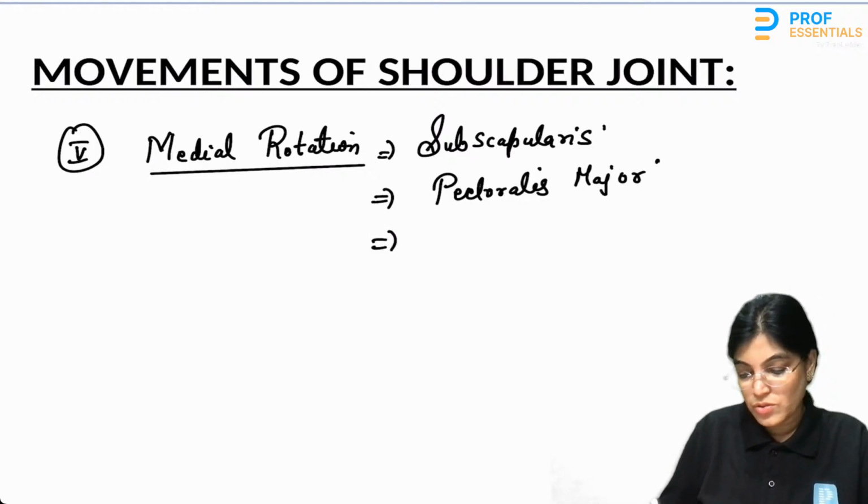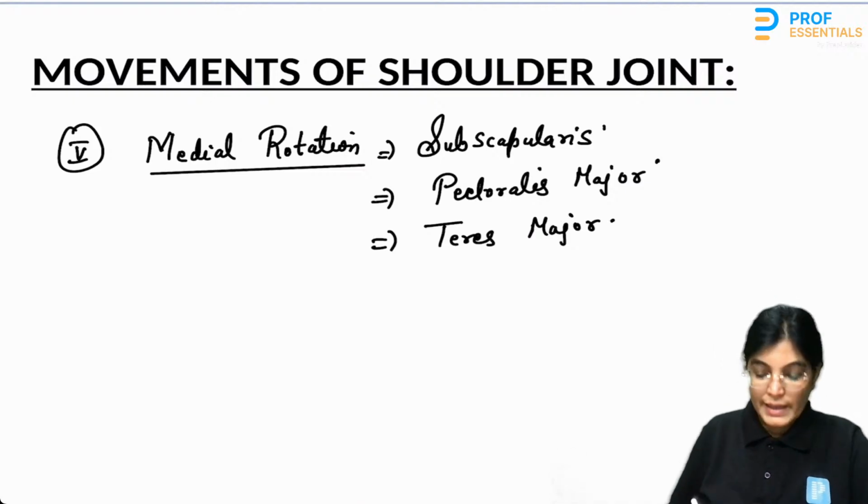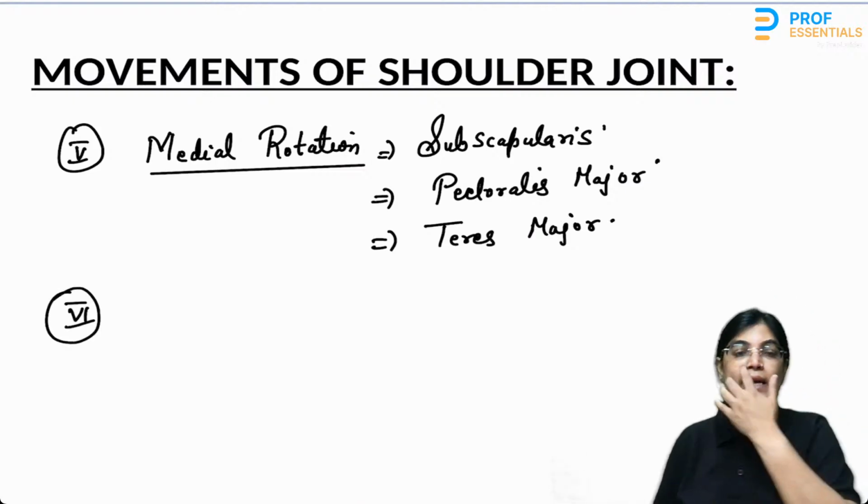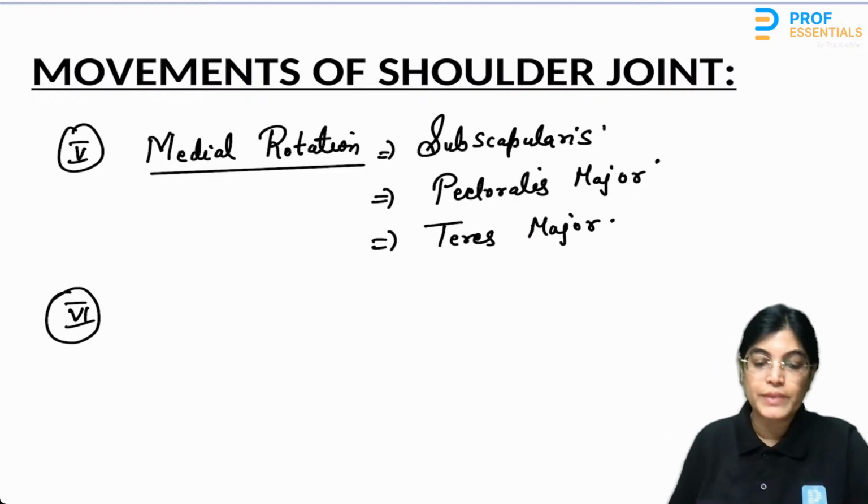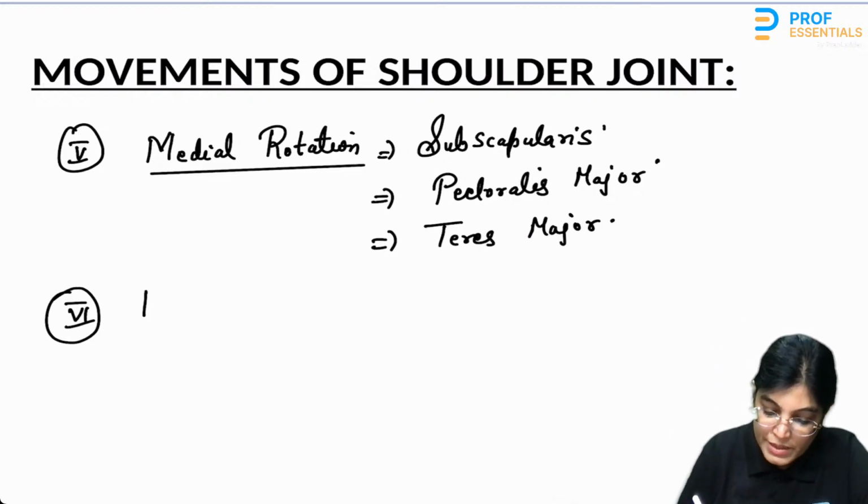Medial rotation is also done by the teres major muscle. Lateral rotation is primarily done by the infraspinatus and teres minor muscle.